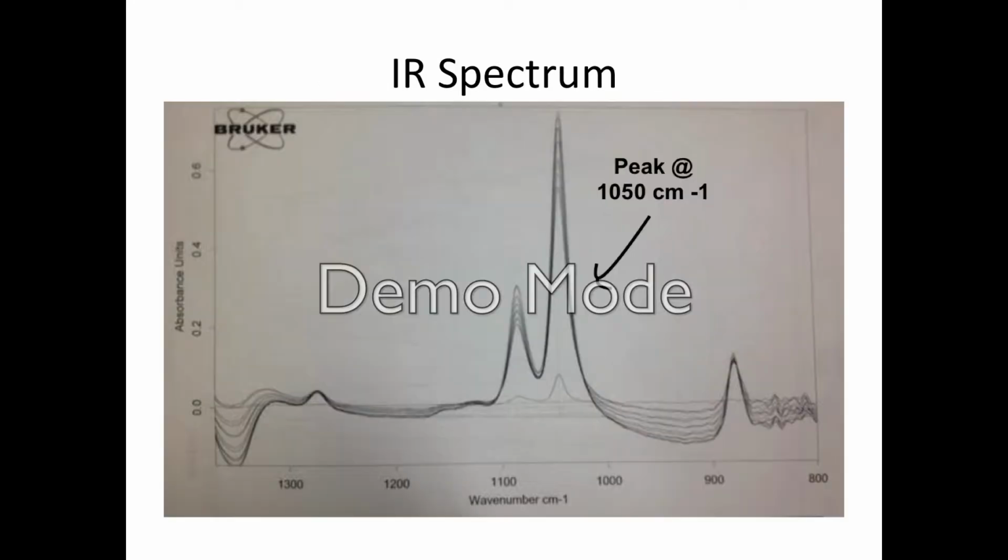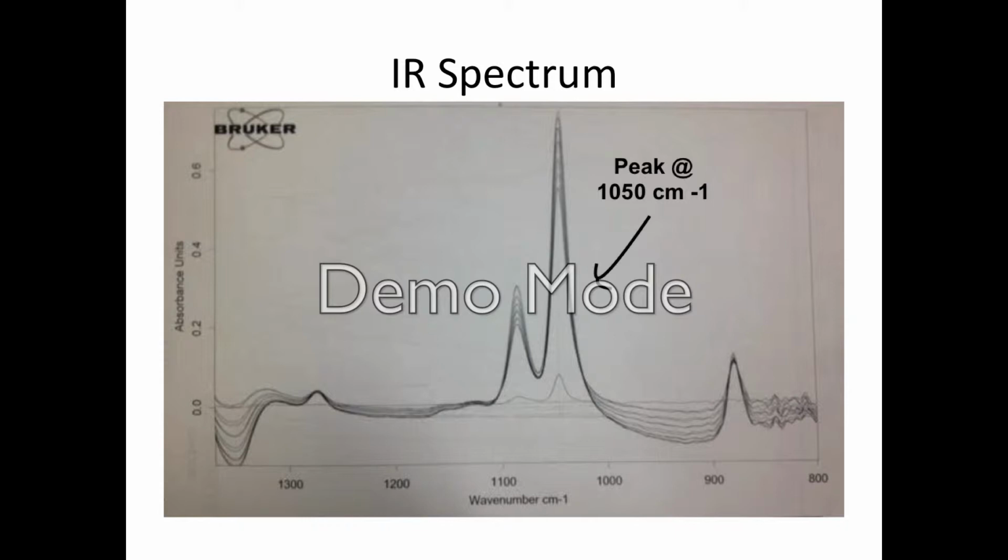So this was the first IR spectrum. This was gotten from the first week. As you can see, there's a peak at 1,050 wave numbers. And as you can see, there's a lot of lines on top of each other, and what those lines correspond to are varying concentrations of ethanol.